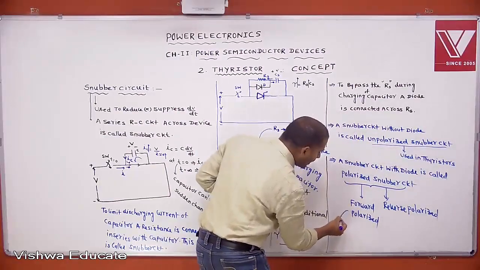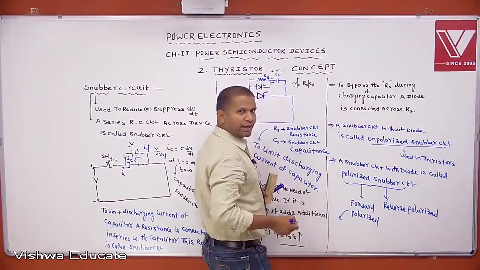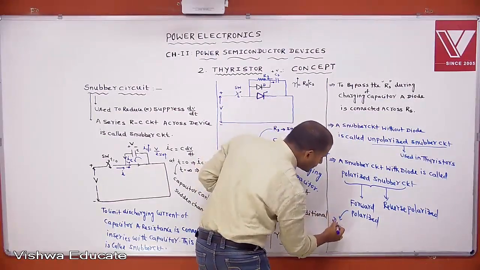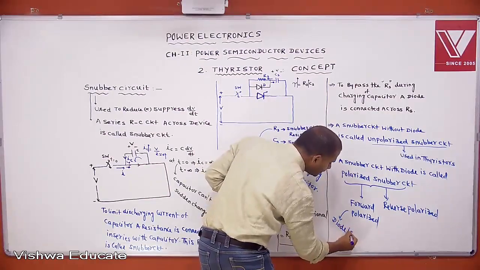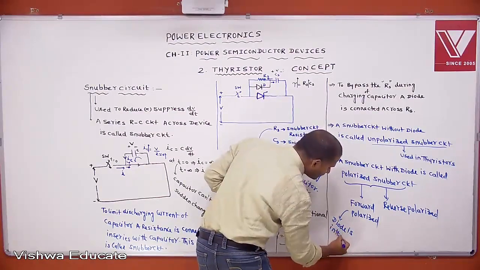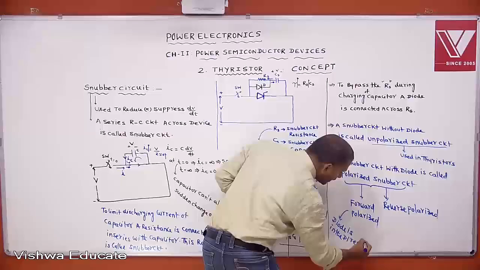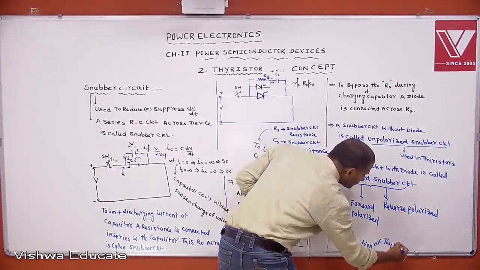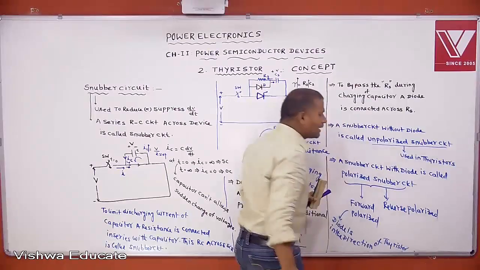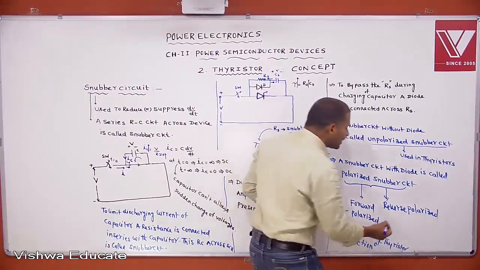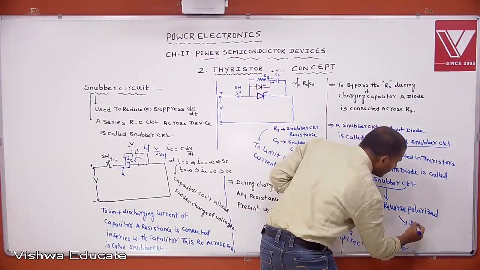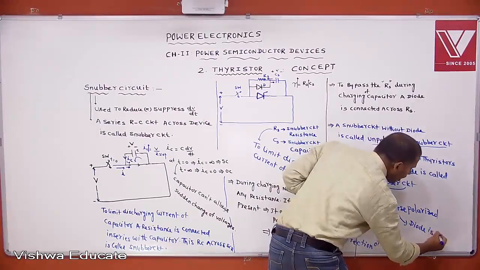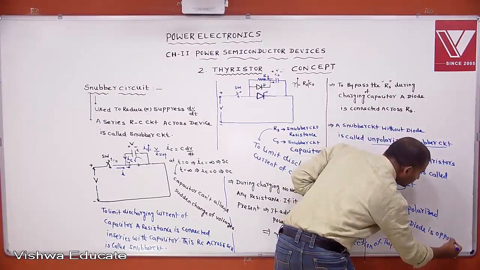In forward polarized, the diode is in the direction of the thyristor. But in the case of reverse polarized Snubber circuit, the diode is opposite to the thyristor direction.